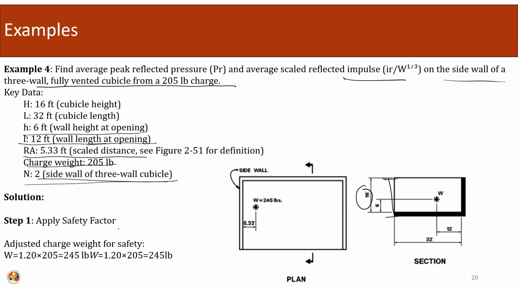First of all, we will characterize the blast loading. Since nothing is specified, we will calculate the equivalent TNT by increasing the charge by 20%. So we start from the equivalent TNT.